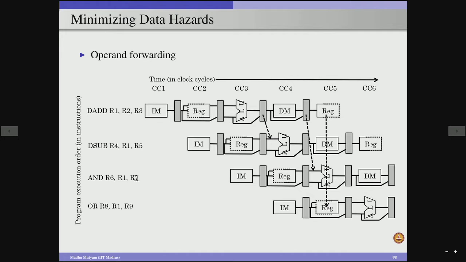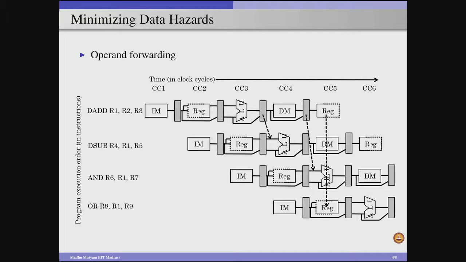And similarly, for the AND instruction, because it requires R1 at cycle 5, as I mentioned earlier, by the time the functional unit is going to execute, if we supply the value, then there will not be any problem.